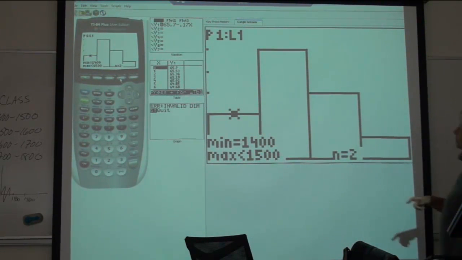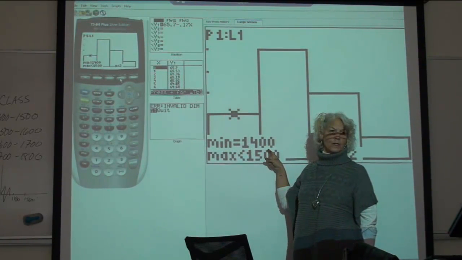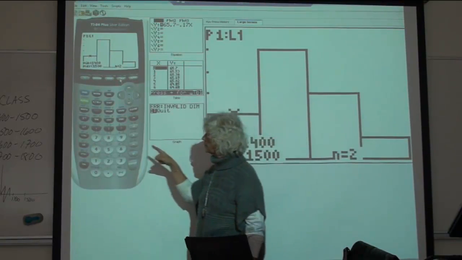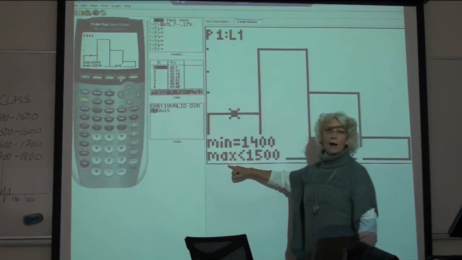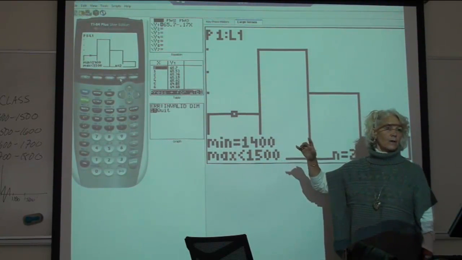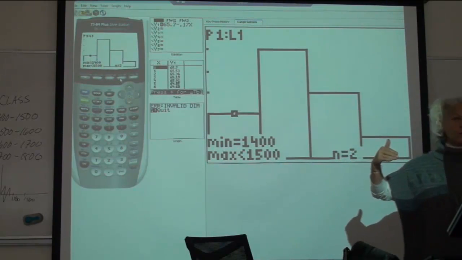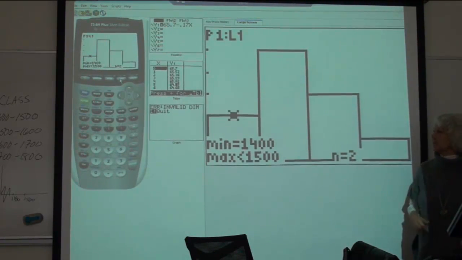And down here, it says my minimum value is 1400. And then it says my maximum is less than 1500. And we know that, right? 1400 up to, but not including 1500. And how many in this group? 2.